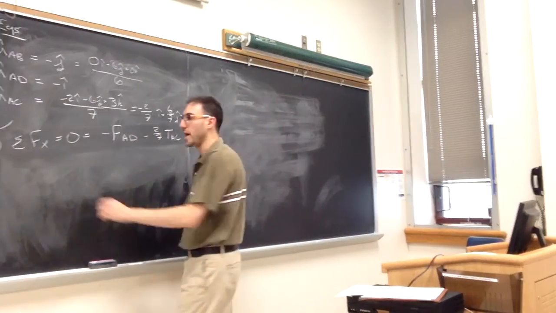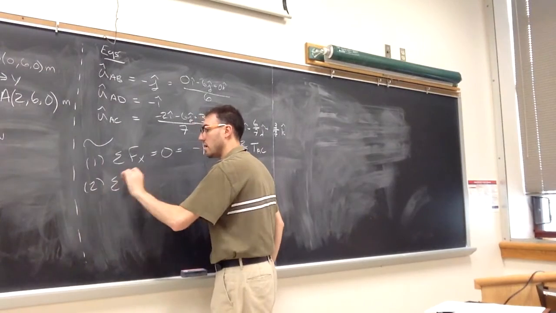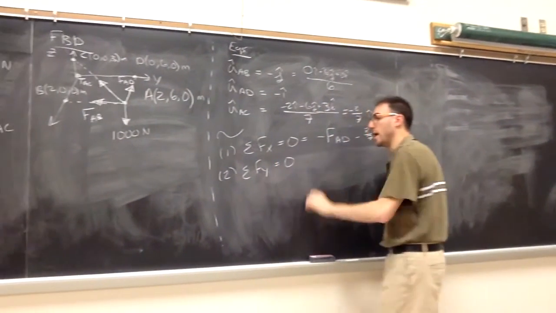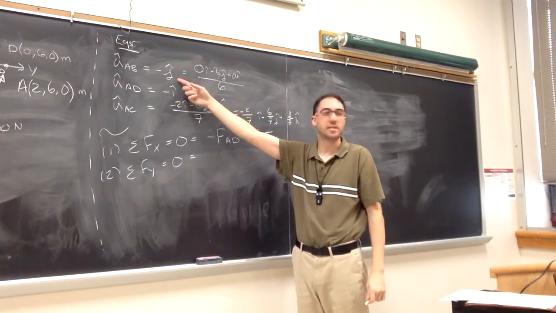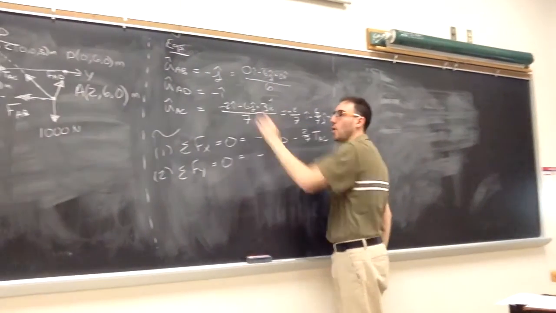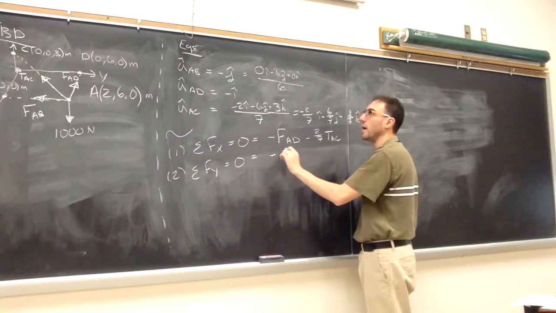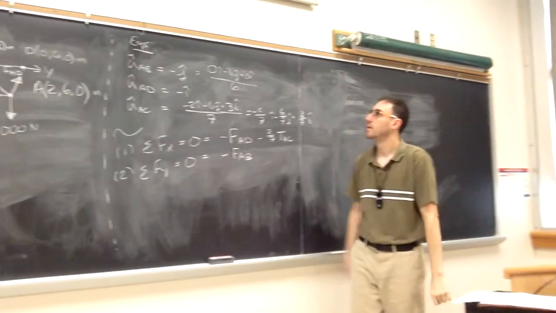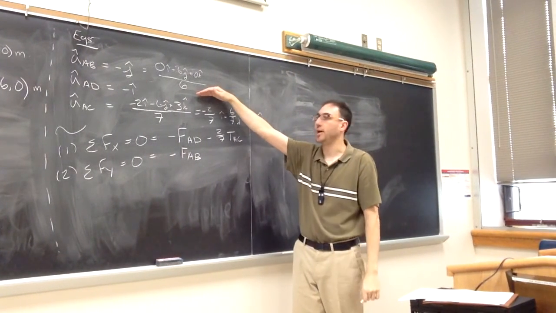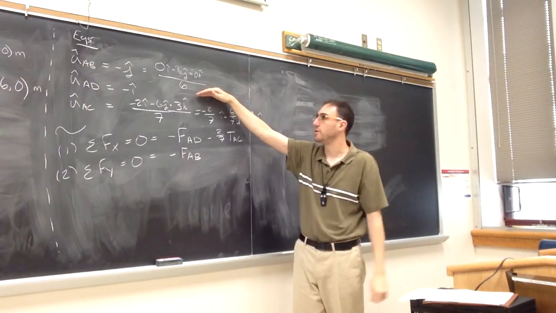I do the same thing for components in the y direction. So now TAB has a j component, and its coefficient is -1, so -1 FAB. AD does not have a j component, so it will not be in this equation.